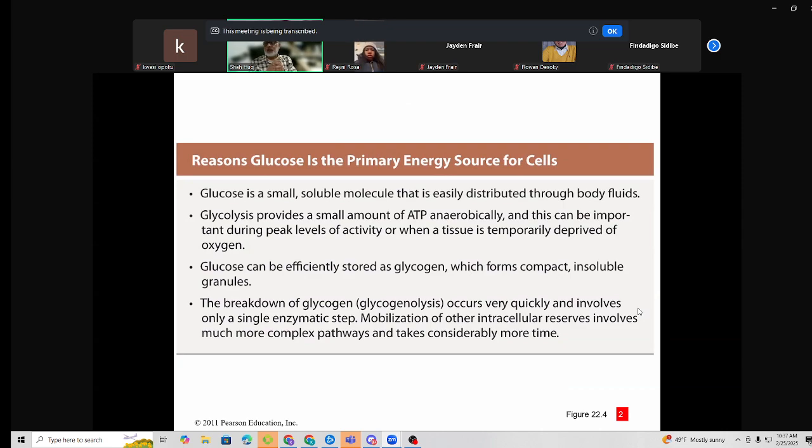It takes many additional steps. So the cell will not go for the expensive one, but for the cheap and fast one. Use the glucose, and if glucose is not available, then it will go for the expensive processes.